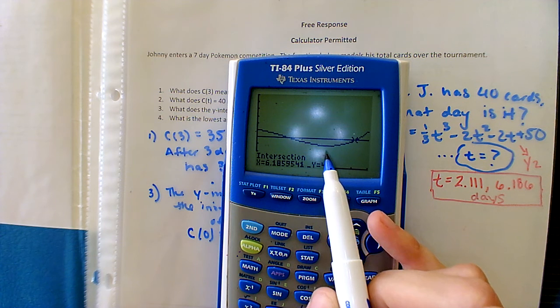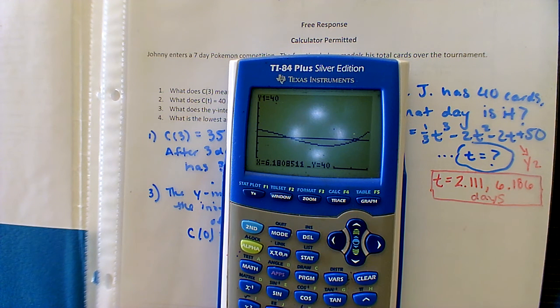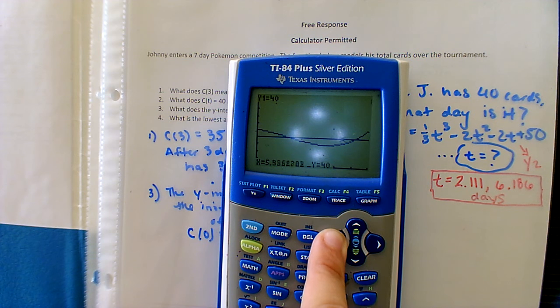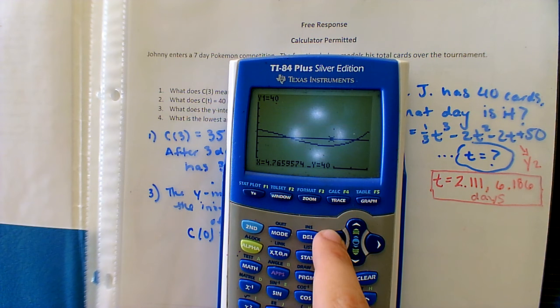That little dip. Okay, so let's go ahead and hit our trace button and see if we can get the little spider cursor to go there. What's our issue? It's on the wrong graph, right? It's on the straight line and we need it to be on the curved line.